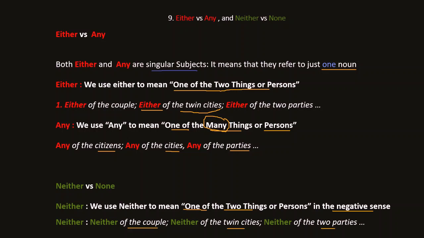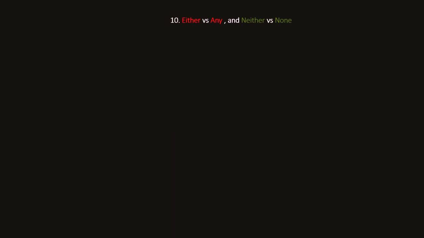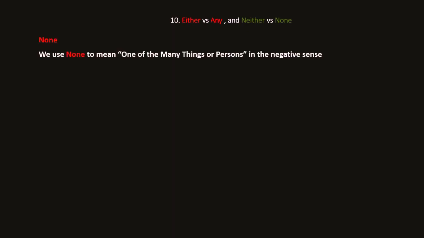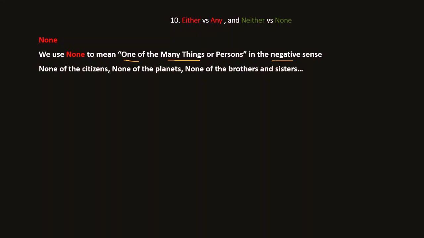Now look at the example here. None. We use none to mean one of the many things or one of the many persons in the negative sense. None of the citizens or none of the planets, none of the brothers and sisters. We could not say neither of the brothers and sisters because when I say brothers there are at least two.